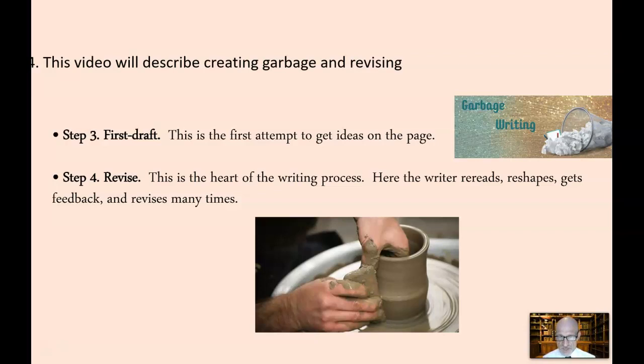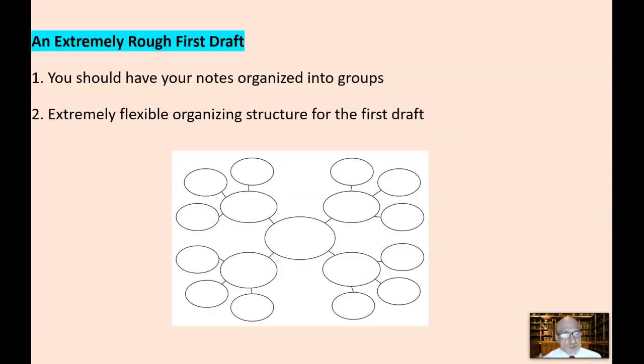And as I'll say, revising is the heart of the writing process. I'll say that in just a minute. An extremely rough first draft. That's your goal. Again, extremely rough. But you should have your notes organized into groups so you can see the headings and the subheadings or the main ideas.